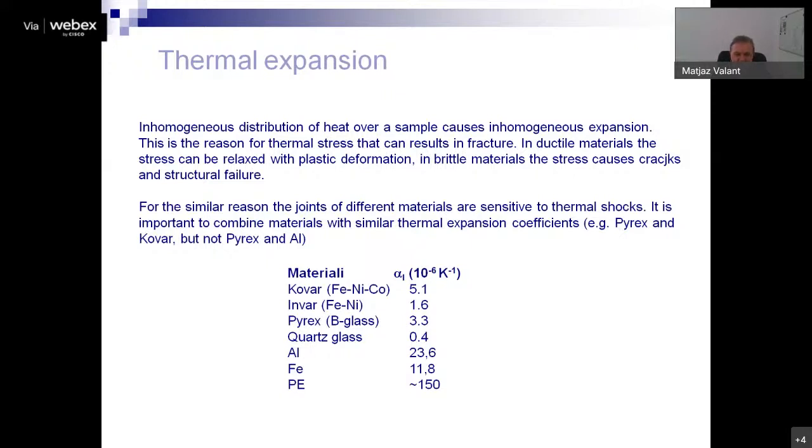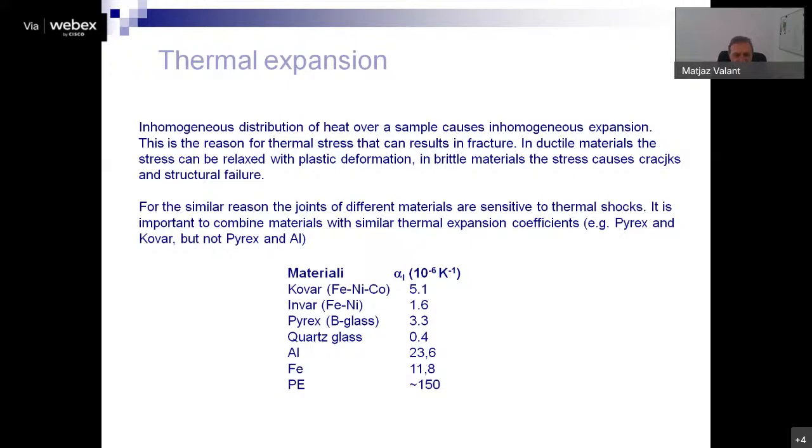For a very similar reason, joints are very sensitive to thermal stress. Namely, if we have a joint of materials with different thermal expansion coefficients, this causes stress on the joint, and we can induce cracks within the joint.